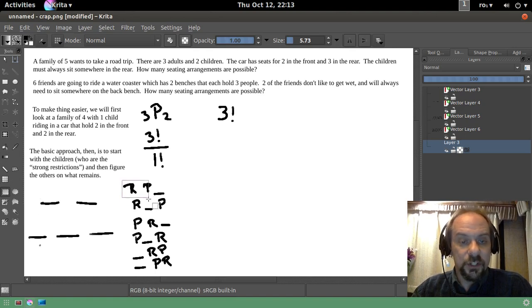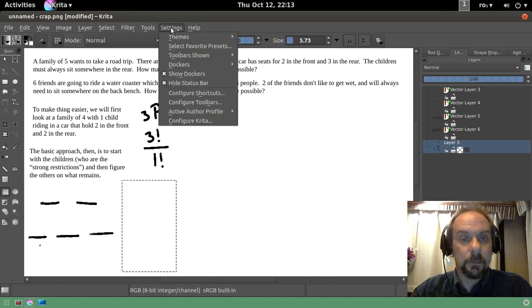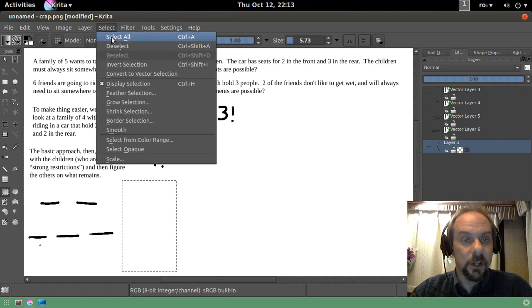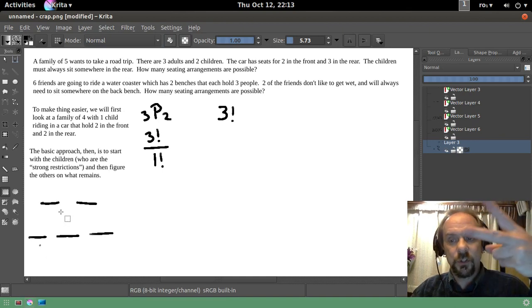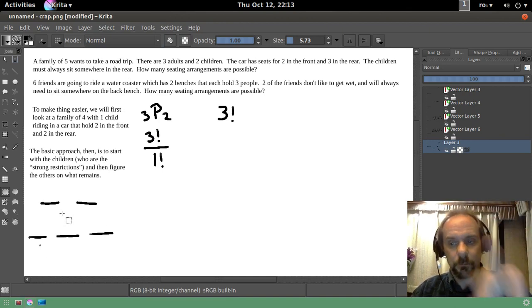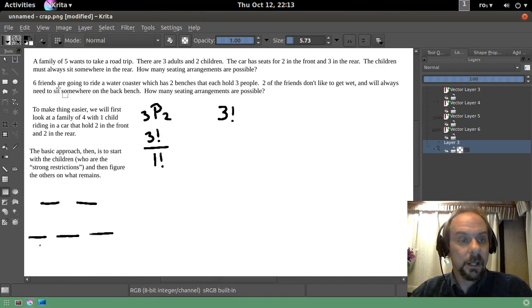Once we've dealt with the children, we can simply deal with the adults after that. We have 2 children. They take up 2 seats somewhere, leaving 3 seats for the 3 adults. So that is simply 3 factorial.